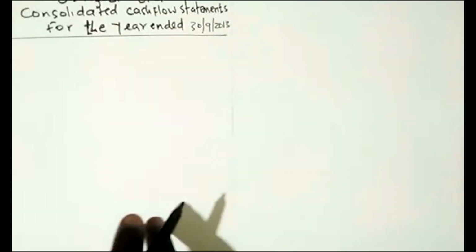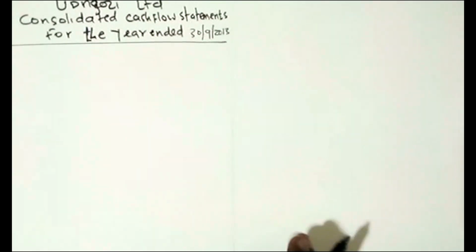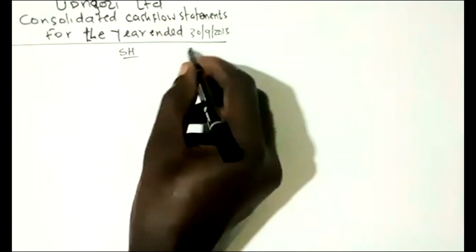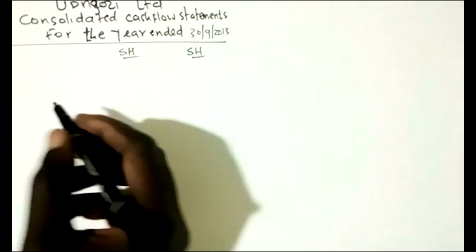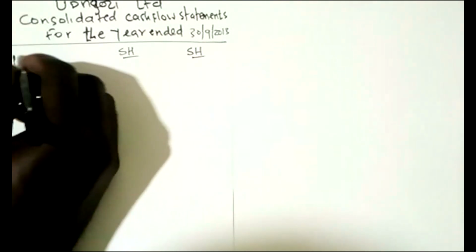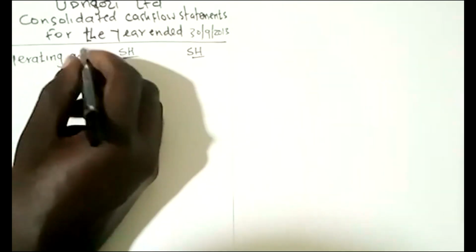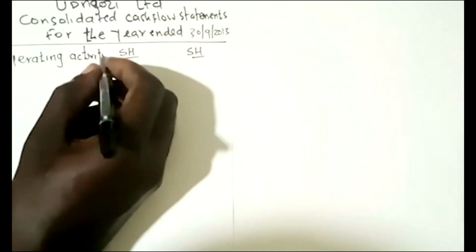So where am I supposed to start from? I'm using the indirect method. Where am I supposed to start from, students? Delvin, where am I supposed to start from?